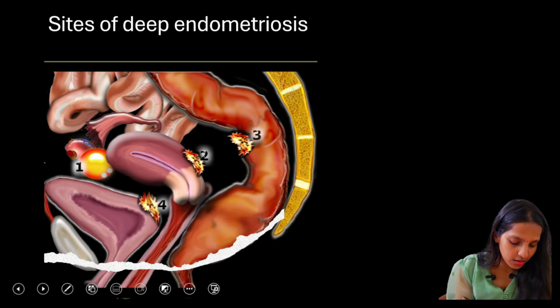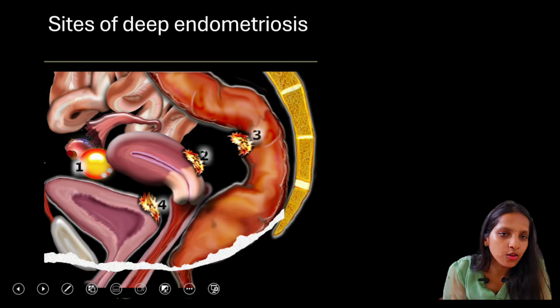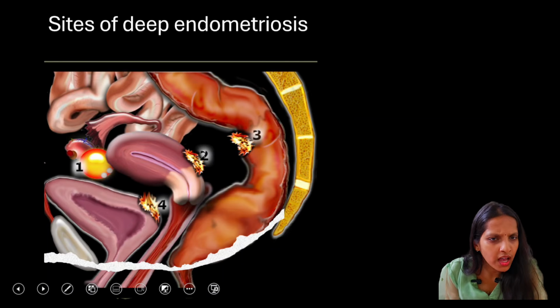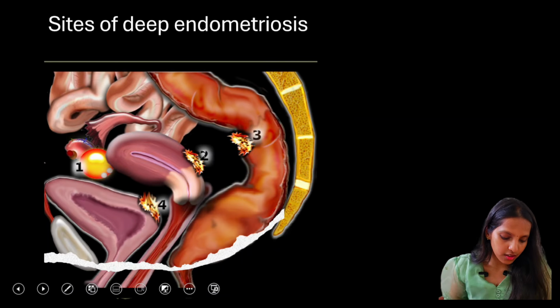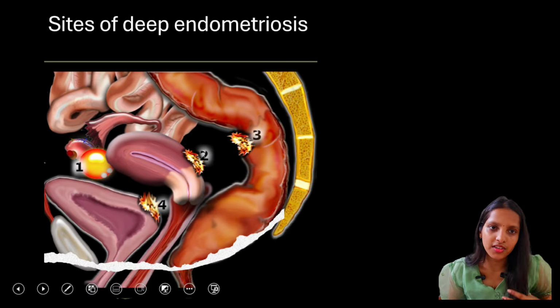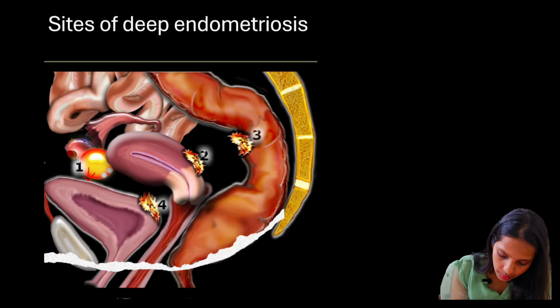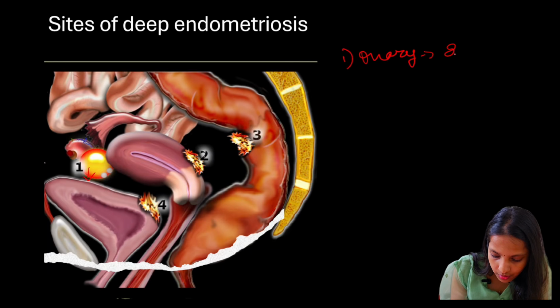The most important question is, where do we have to evaluate for endometriosis? That's deep endometriosis. We have to search for the sites of deep endometriosis. The first one, as previously described, is the ovary, where we search for any kind of endometrioma.